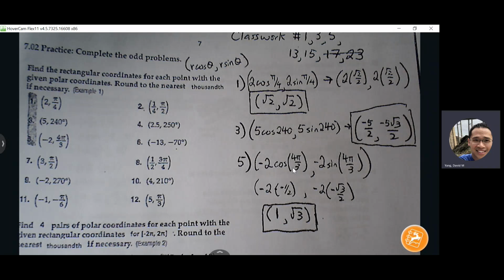That's right, yeah. So depending on what's given to you, if somebody's given terms for radians, you gotta put it in radian mode.